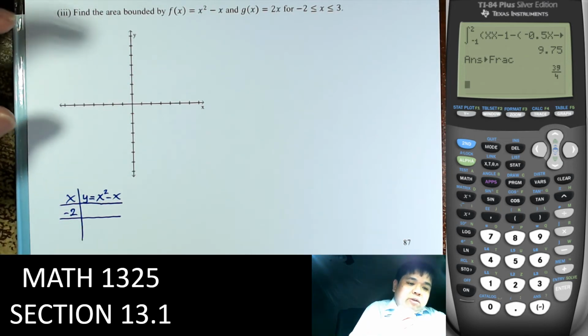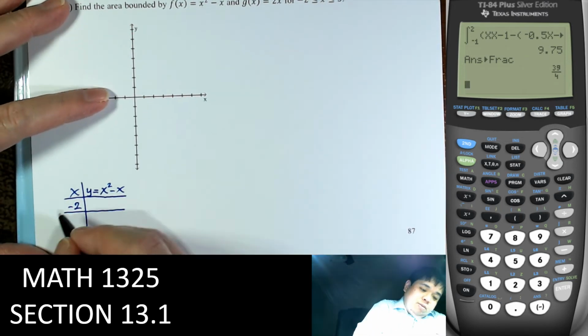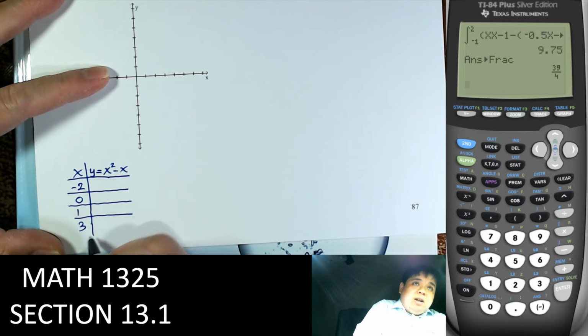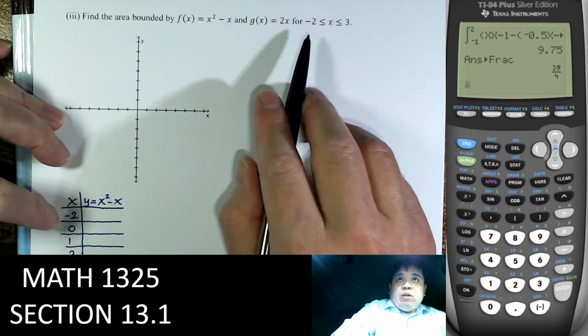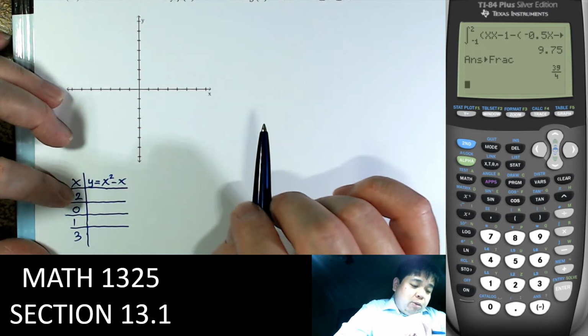I just put a few points at -2 and then of course 3. I choose those points because we need from -2 to 3.